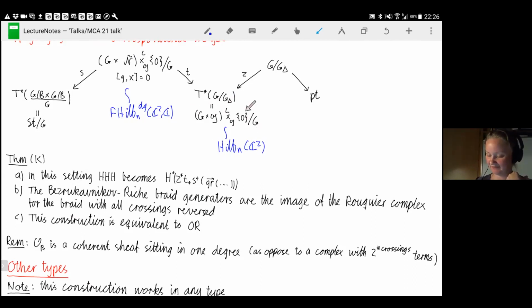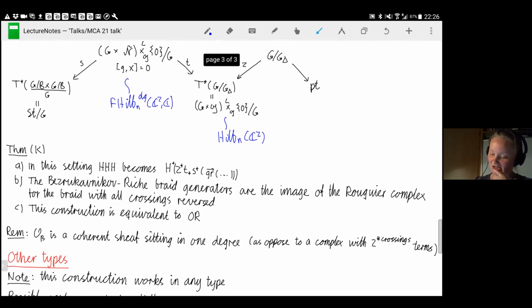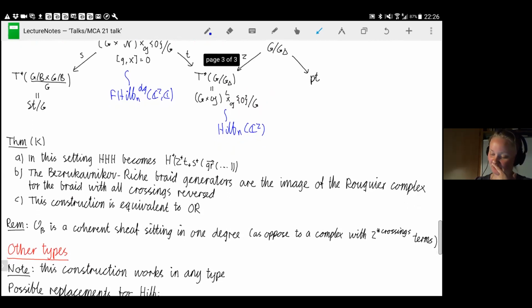So this is slightly weaker, but I don't think it's something you can write as the commutator having rank 1. Thank you.